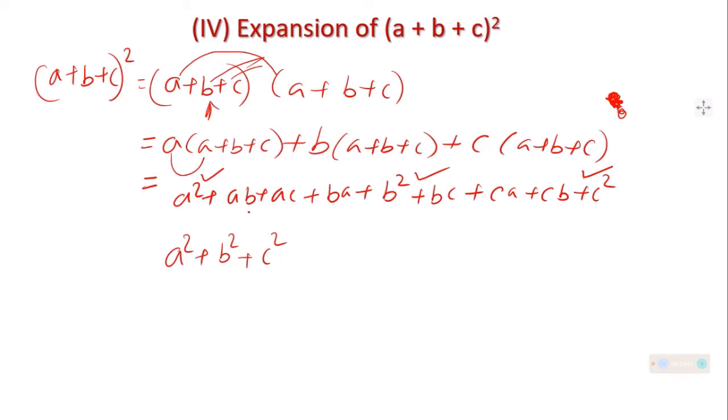Then let us see how many ABs are there. This is an AB, here is an AB. इतना ही है, plus 2AB. Here is an AC, here is an AC. C and AC are same, plus 2AC. B square हमने ले लिया. There is a BC over here, here is a BC. That means plus 2BC. Okay.